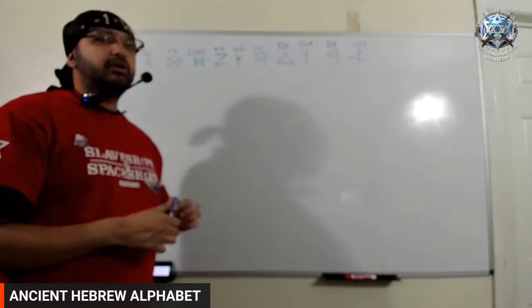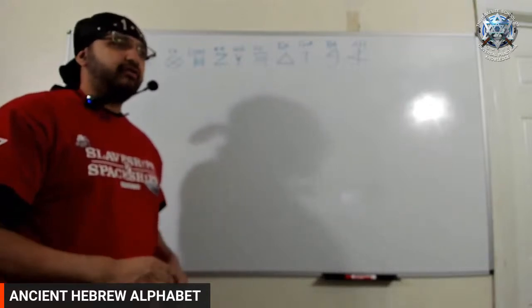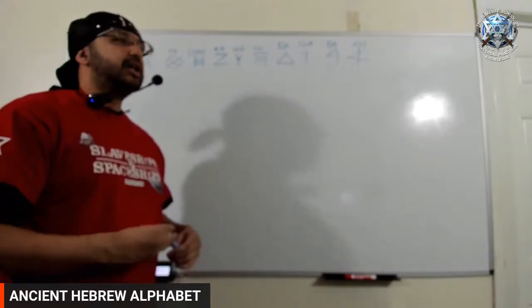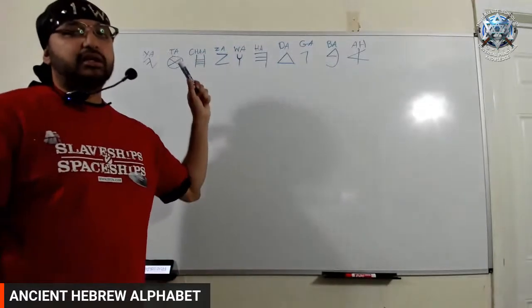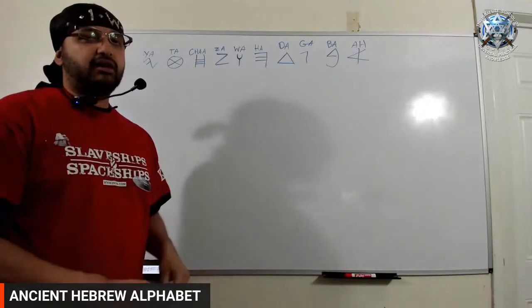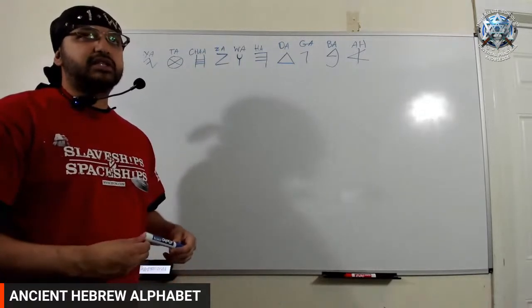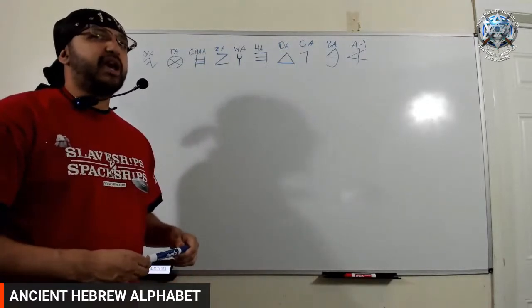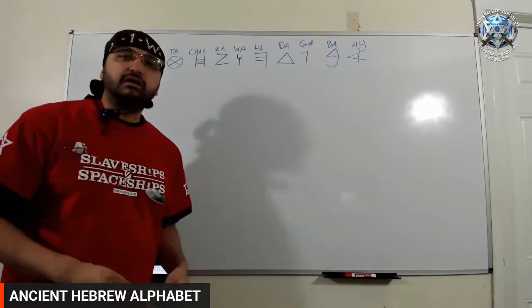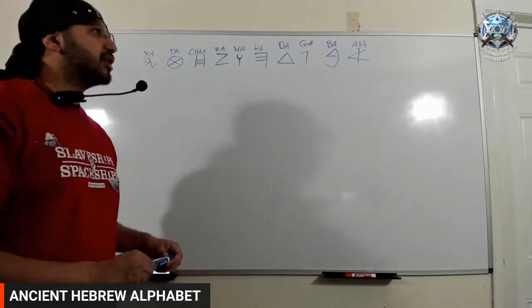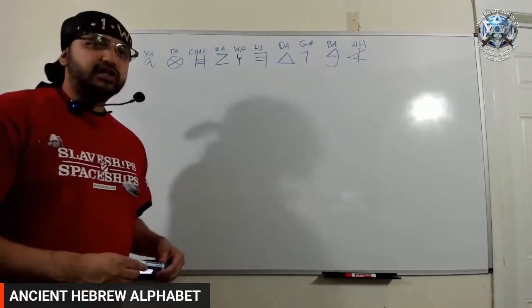Because again, we have echoes of this evidence throughout history. Now, the interesting part about this language is that you actually find artifacts of this language in North, Central, and South America that date back as far as 700, 800 BC. And that, of course, lines right up with when Israel fled from Assyrian captivity.